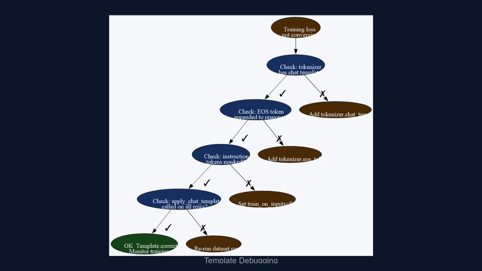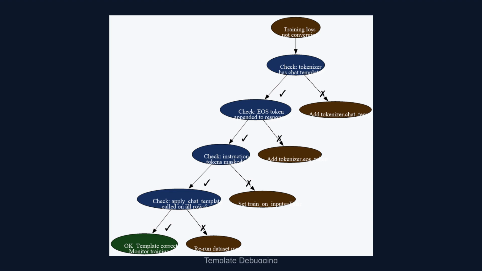This debugging flowchart gives you a systematic path through the most common template-related training problems. If your training loss isn't converging, start here. First, check whether the tokenizer has a chat template configured at all. Second, verify the EOS token is appended after every assistant response. Without it, the model never learns where responses end.